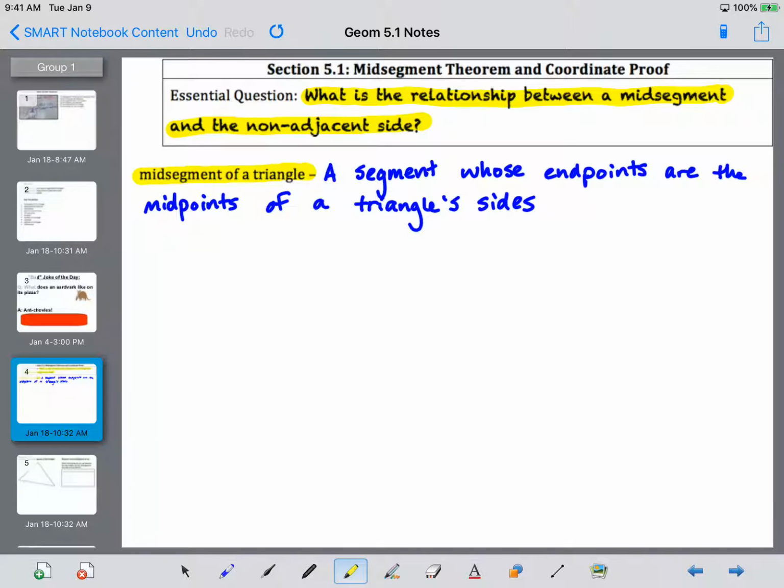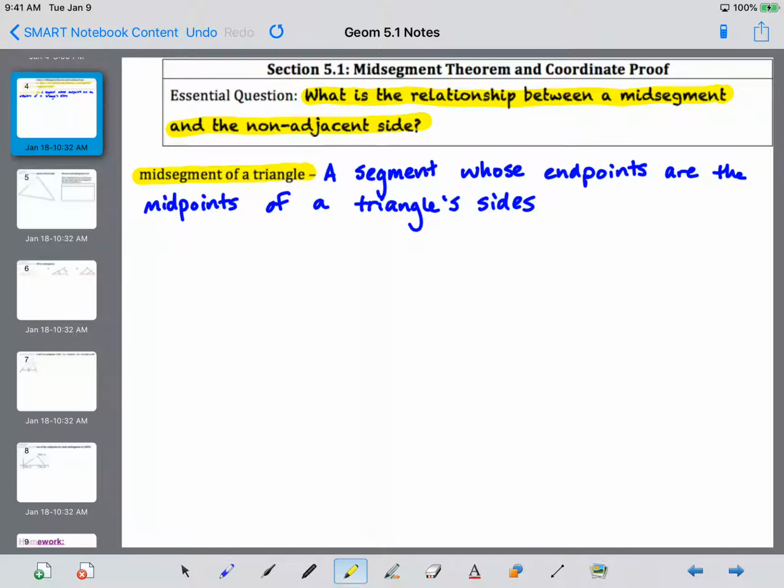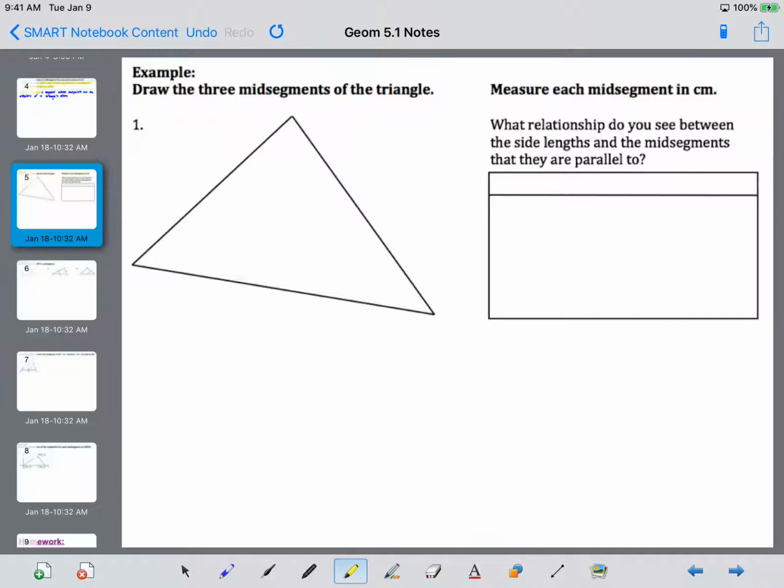All right, so let's go ahead and get started here. The first thing we are going to do is actually draw the three mid-segments of a triangle. You need to have a ruler to do this, so if you need to pause the video and go get a ruler, make sure you do that. I actually measured these ahead of time. To make a mid-segment, you start by figuring out the length of the sides.